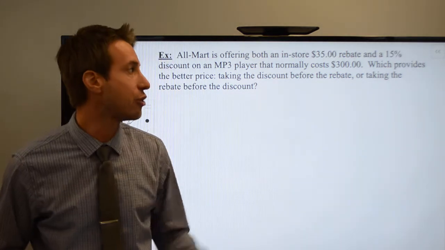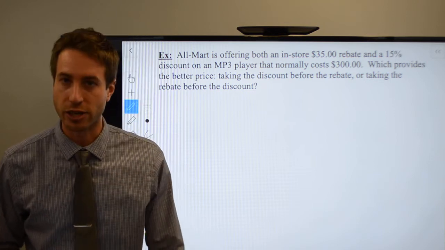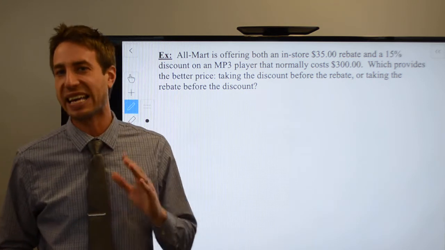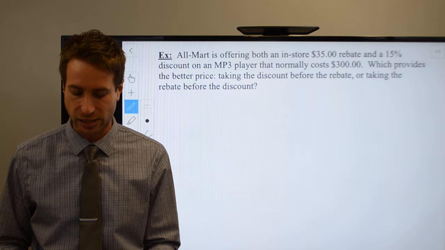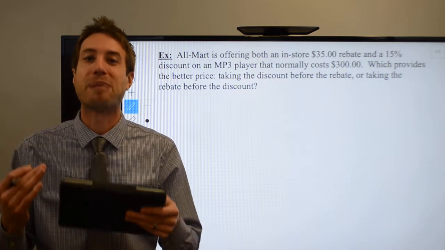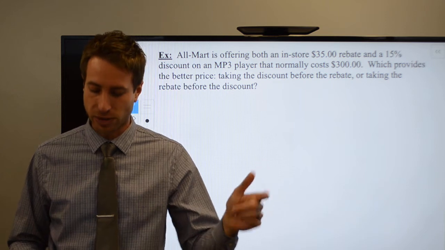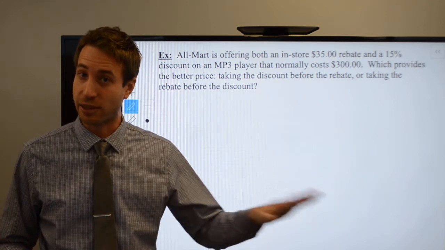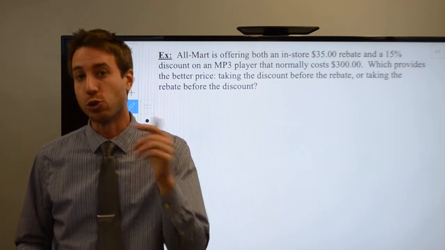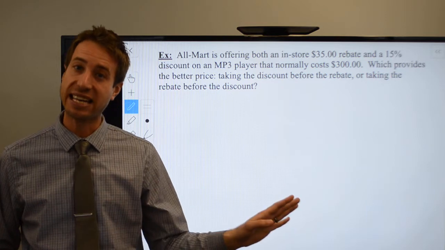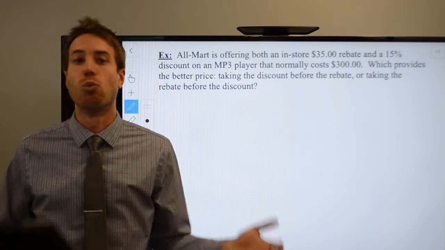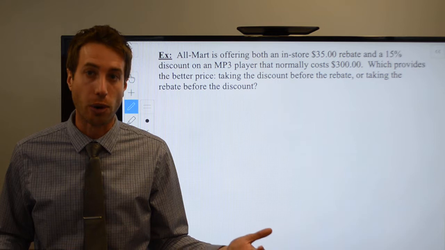This MP3 player normally costs $300. The question we're being asked is: which is a better price, to first do the discount and then take the rebate, or do the rebate and then get the discount? Which is going to be a lower price?